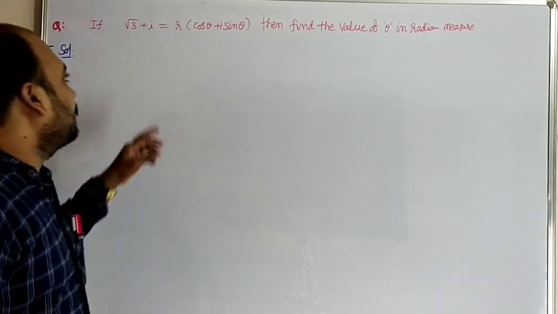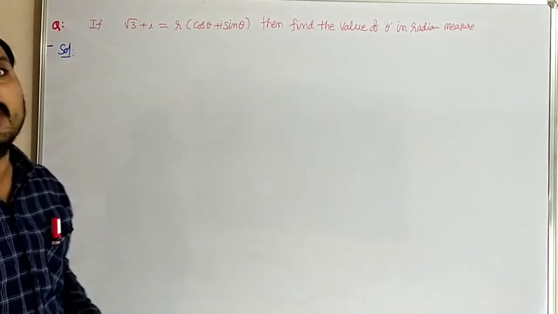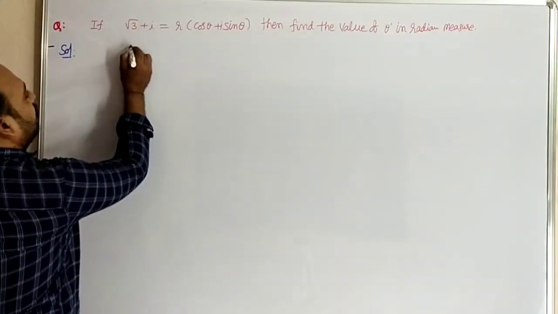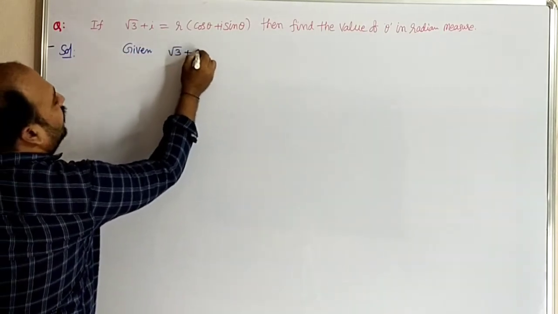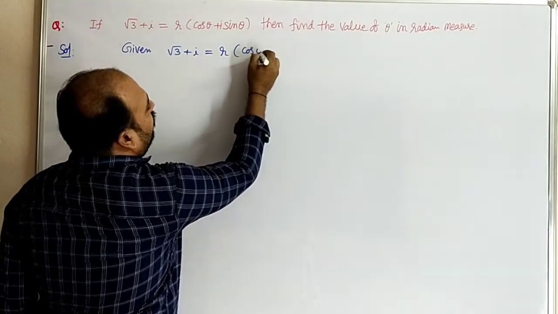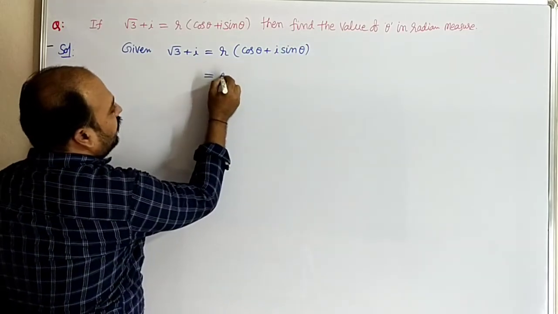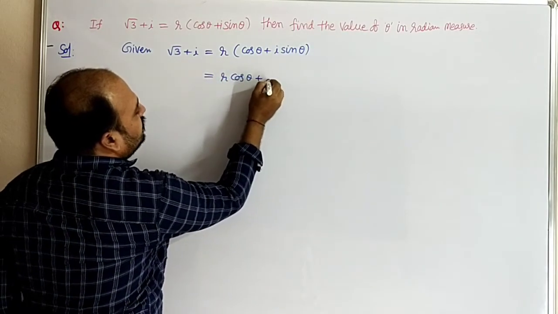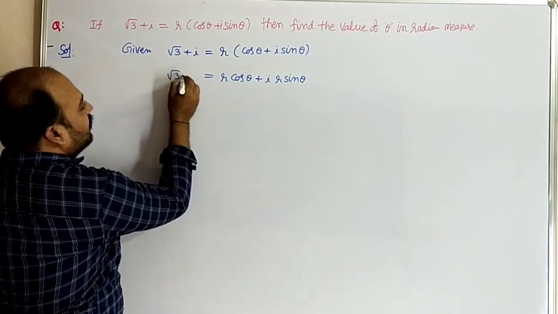The next question. If root 3 plus i equals r into cos theta plus i sin theta. First given, root 3 plus i equal to r into cos theta plus i sin theta, that can also be written as r cos theta plus i into r sin theta.